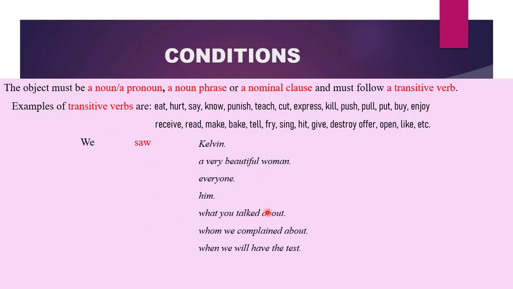In a nutshell, whenever a noun phrase or a clause comes after a transitive verb or an action word, that noun or clause will suffer from the action and it becomes an object. S for our subject, which is we, saw as our verb, and then our objects.